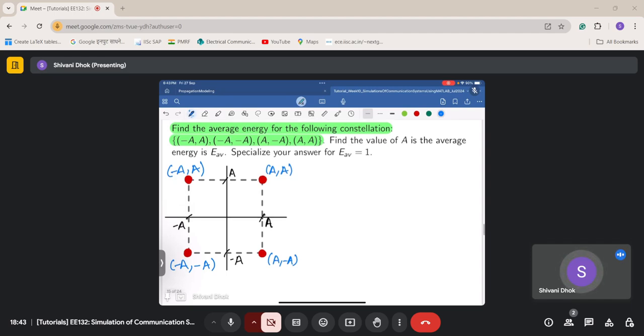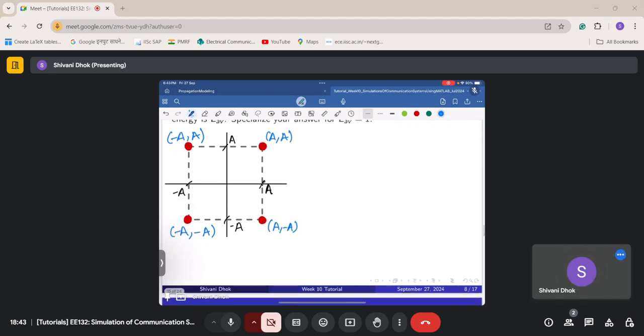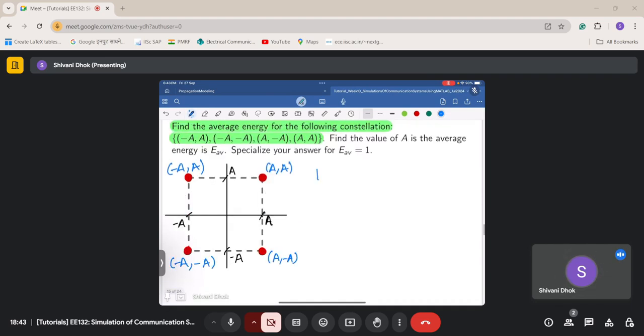And in the last lecture also we have seen that this average energy, or E average, is given by summation m equal to 1 to capital M, where capital M is the number of constellation points, into probability of Sm, the probability of the mth constellation point, multiplied by norm of Sm square.